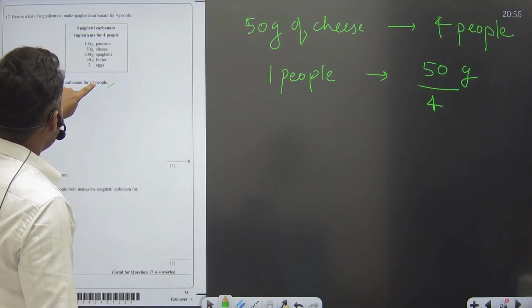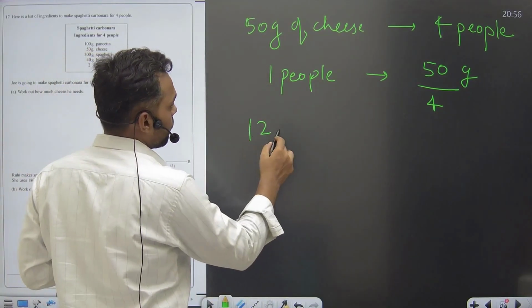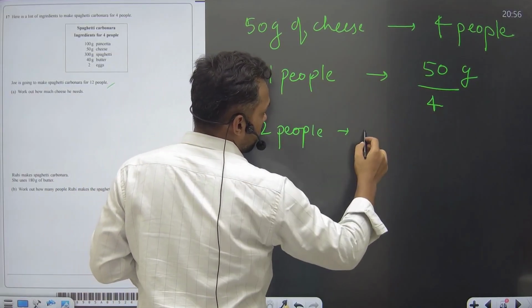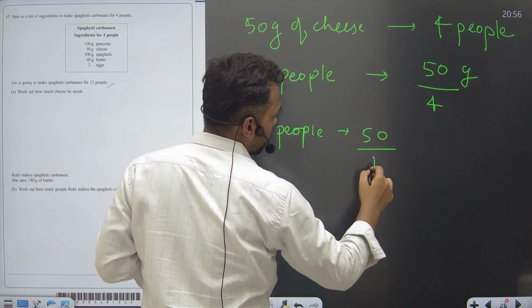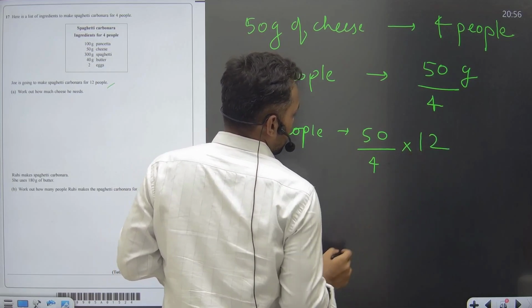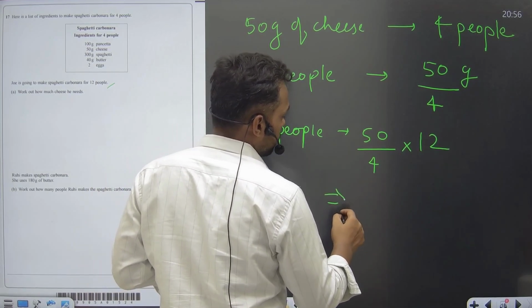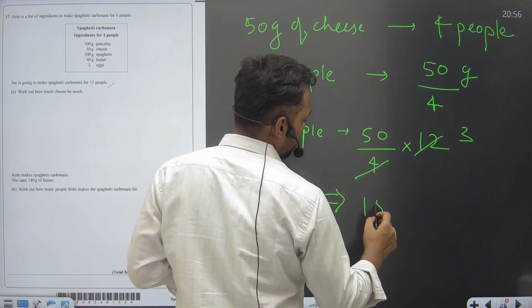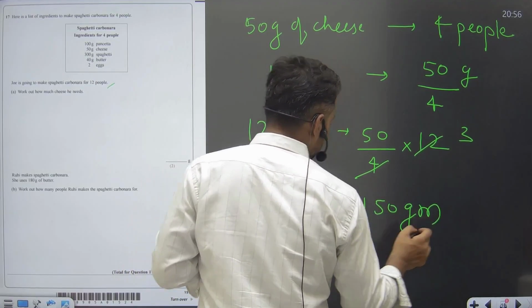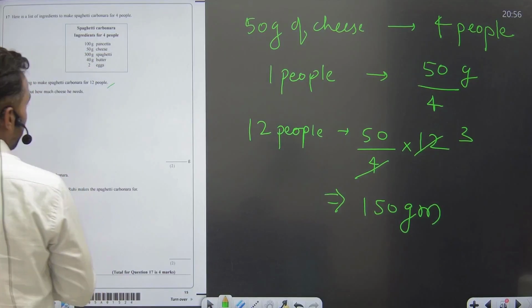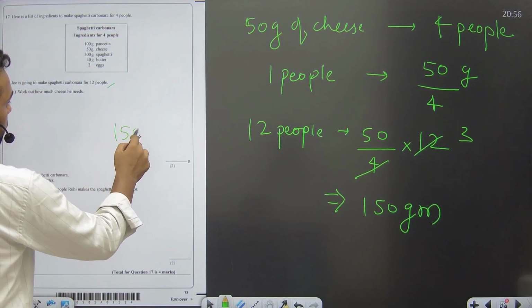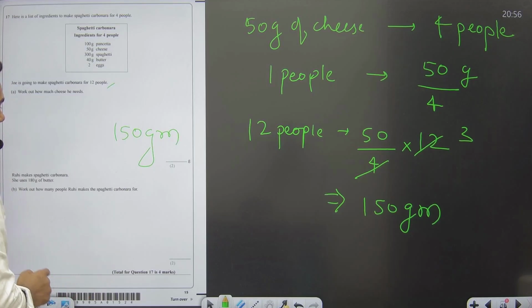So for 12 people it will be 50 upon 4 cross of 12, which will be equal to 4 3 times, and it will be equal to 150 gram. So for 12 people, how much cheese is required? That is 150 grams. Okay.